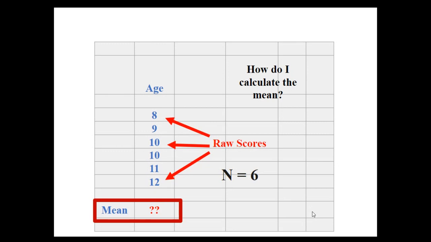And I'm going to give you a second to do that. Go ahead. First of all, how do we do that? Right, the mean is what we call the average. So I just add together all the scores and then I divide by N. In this case, I would add together all the scores and then divide by 6. So go ahead, take a second to do that, and I'll wait for you, and then we'll continue.